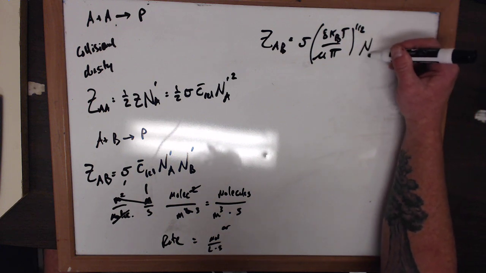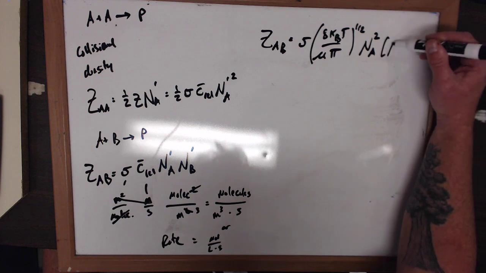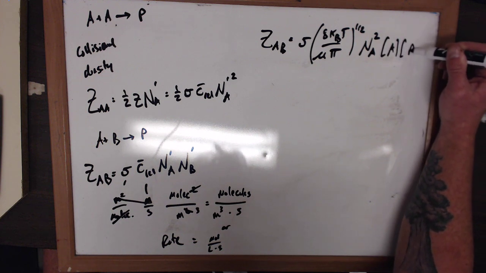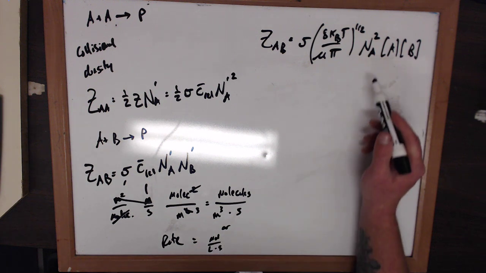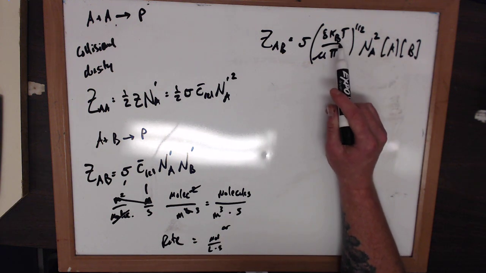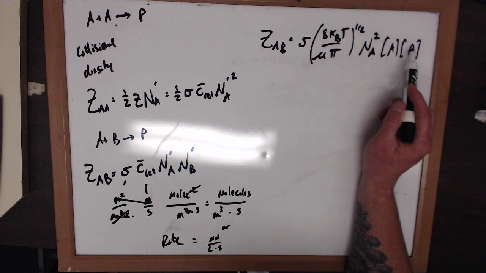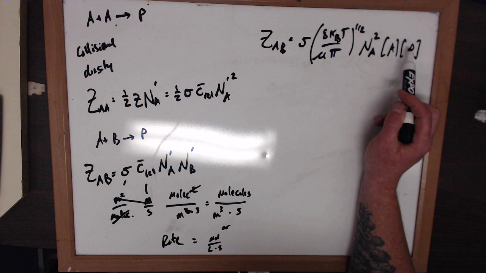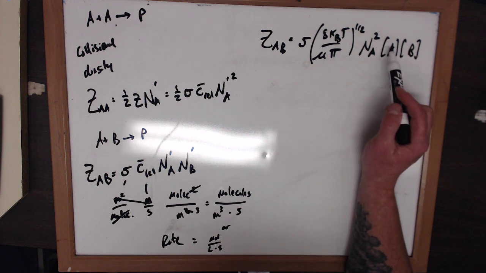That's still going to be Avogadro's number squared if we want to turn this into our mole per liter per second. So our Avogadro's number converts our per molecule units to per mole units. And then, of course, our concentrations are given in molarity, and this would give us mole per liter per second, assuming that we've used the right conversion for meter cubed to liter.